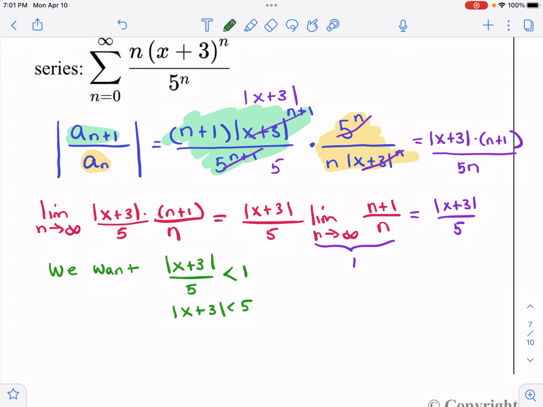Okay, let's turn this into a double inequality here. And then subtract 3. All right, so far that could be my interval of convergence.